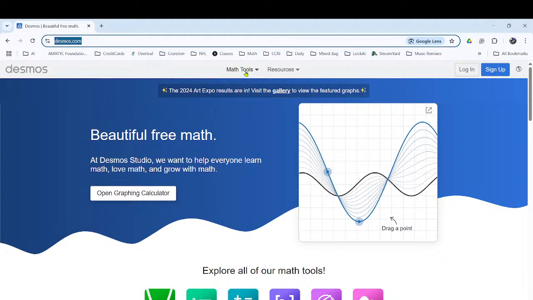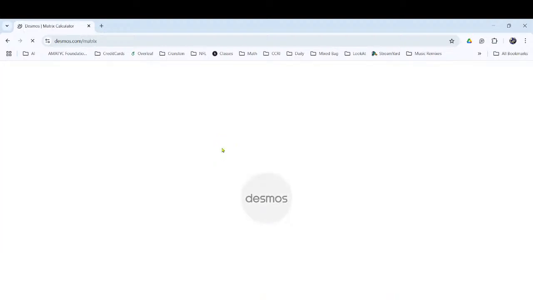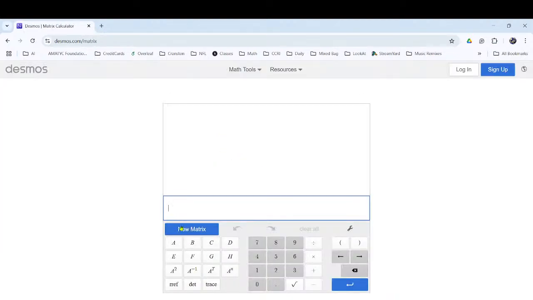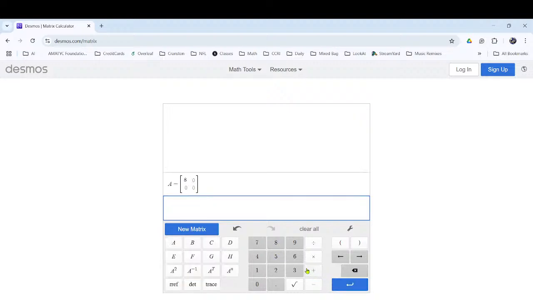If you go to Desmos, on their main screen, and you go into the math tools, they have a matrix calculator for you as well, which is pretty cool. Something relatively new. So you do something like new matrix. You can edit the rows here. I'm not going to use the examples. Do a new matrix.